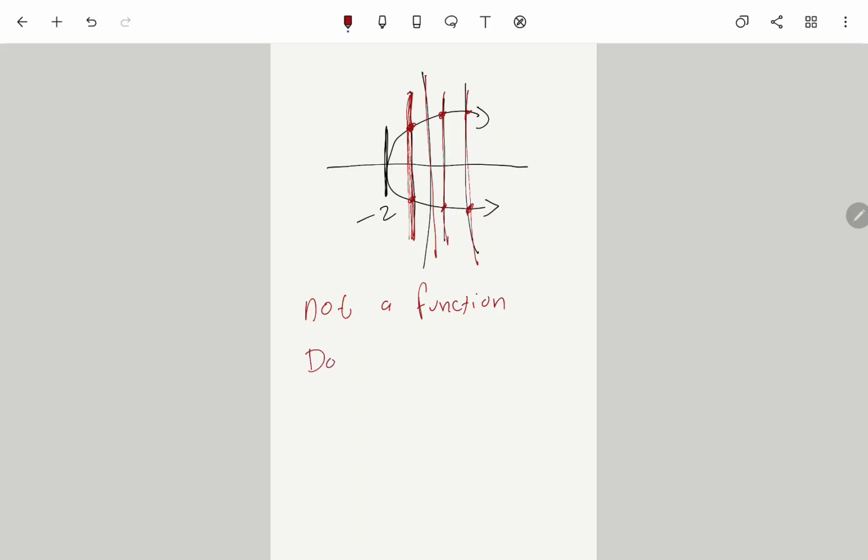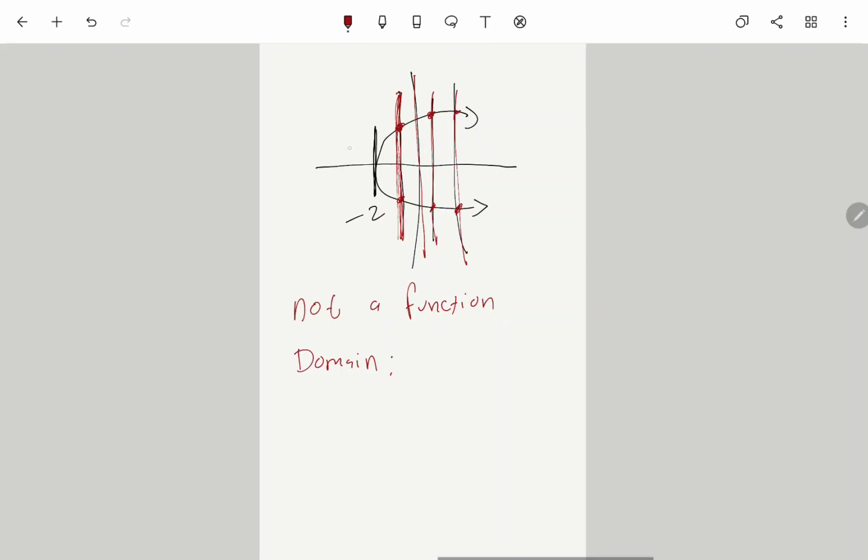And domain, remember, is read left to right. This is a cross point, so that means bracket -2, comma, infinity, because arrows.